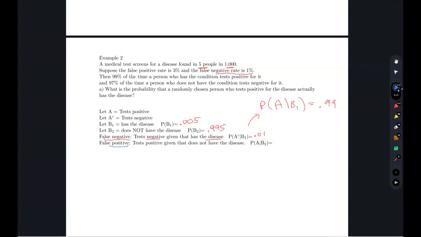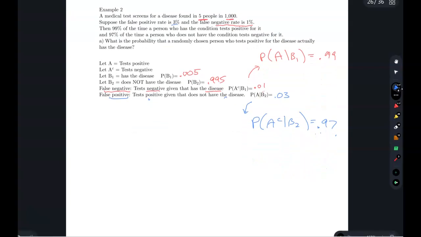False positive means you don't have the disease, yet you test positive. That's 0.03. The complement is that you don't have the disease and you test negative, which is what you want, so that's 0.97.